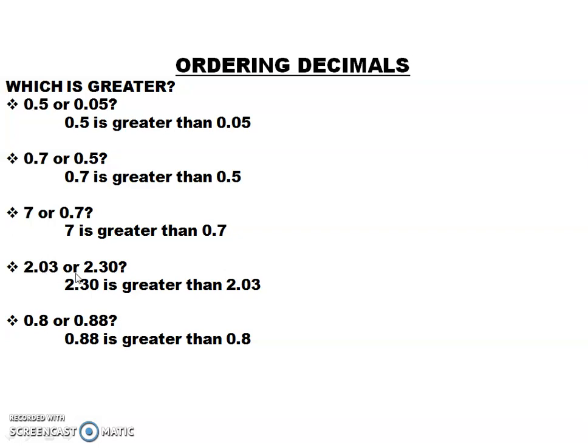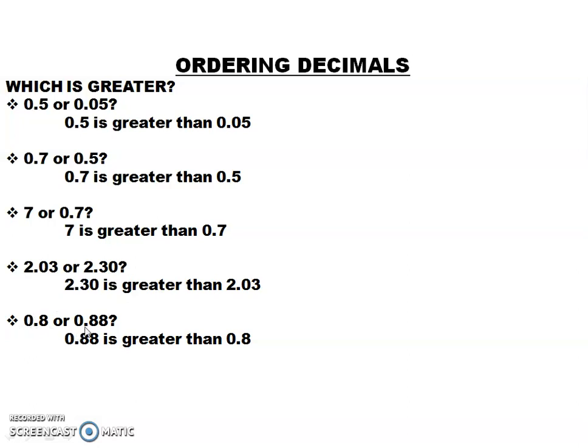So, 0 and here it is 3. So, which is greater? 3 is greater. So, what is the final answer? 2.30 is greater than 2.03.